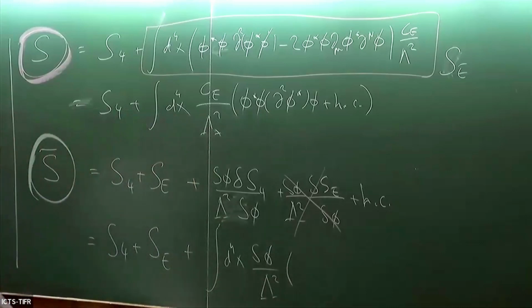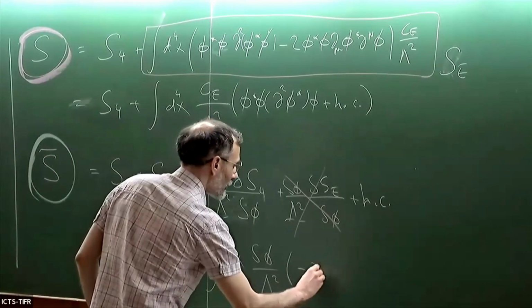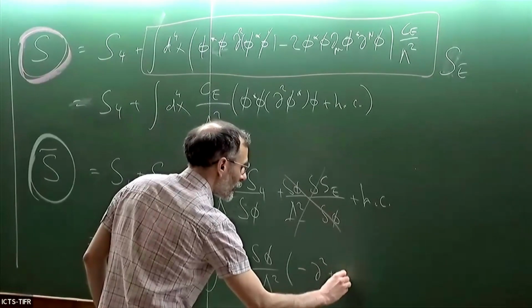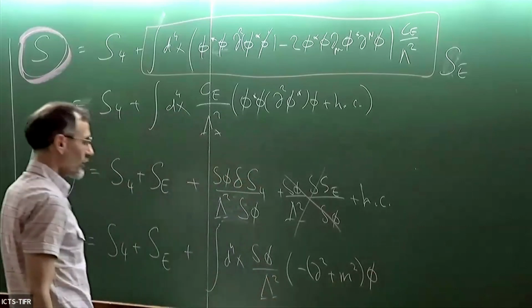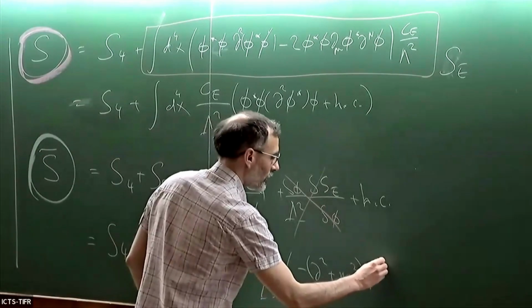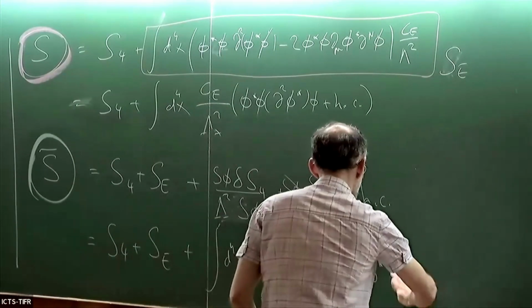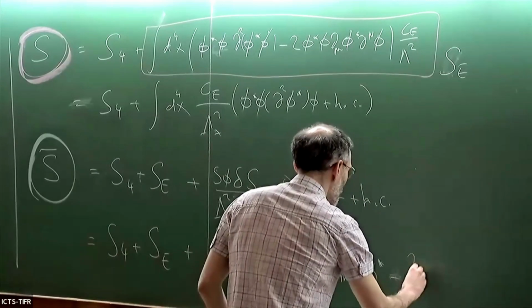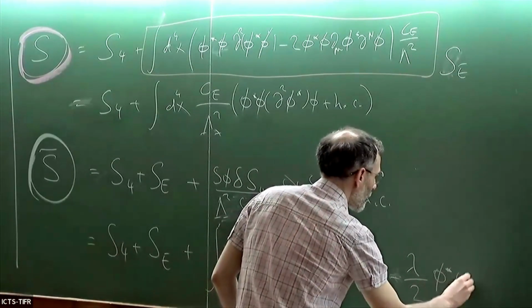I'm sure you've done this a number of times, but you can write the equation of motion as minus delta squared plus m squared. It's a variation with respect to phi, so it will give us phi star. And then the lambda cubed term, which is minus lambda halves now of phi star.